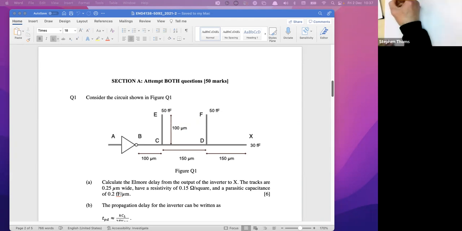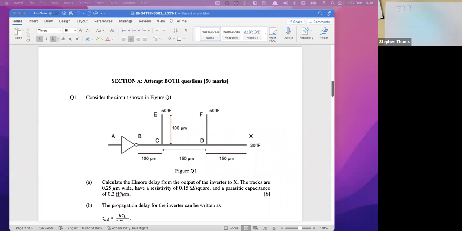So we think about it as a lumped circuit, which goes something like that. I need to put in my grounds.